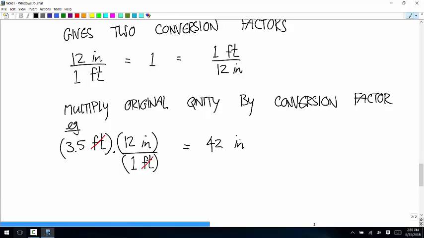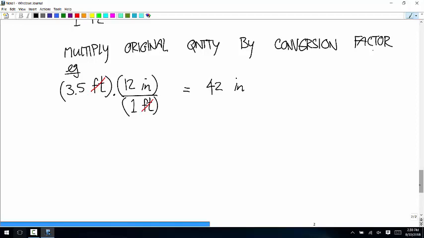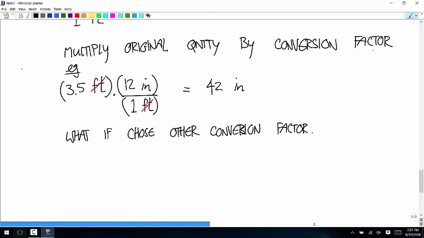There's one thing you have to be careful of, though, and that's that this only works because I just happened to choose the right one of these two conversion factors. Look what would happen if I chose the other conversion factor. So we have 3.5 feet.